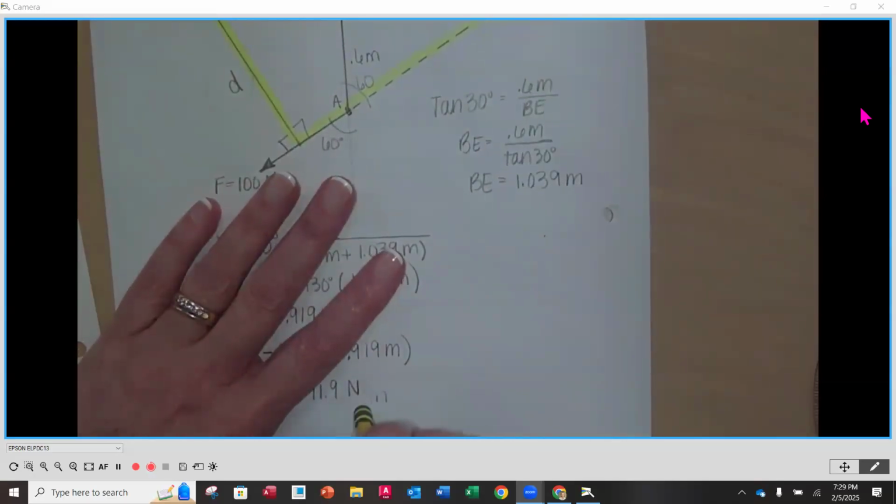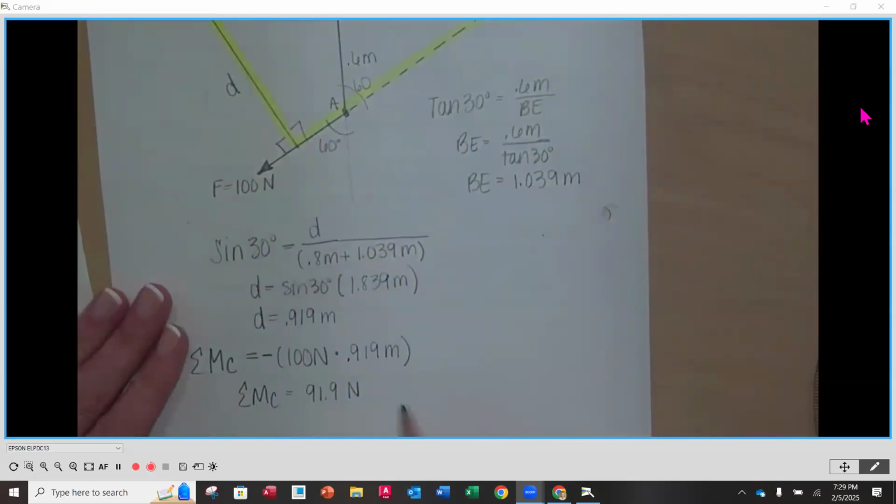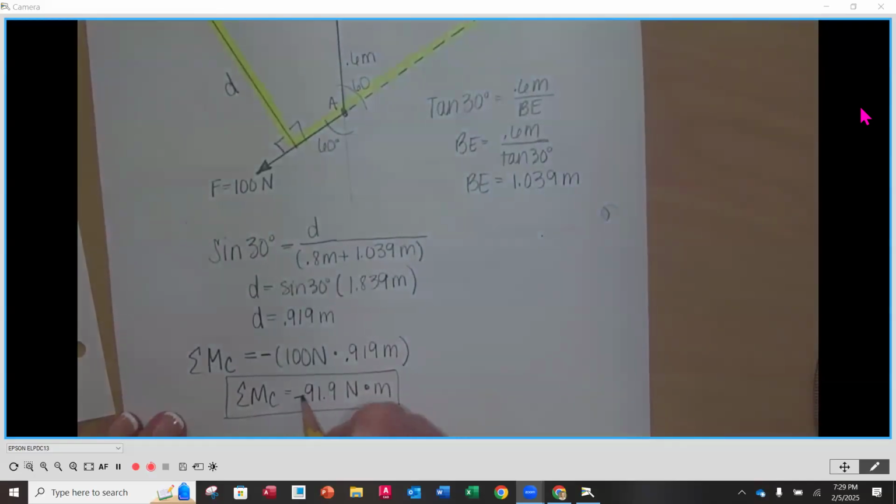I didn't divide. Sounds like it would be right, but it's wrong. Don't do it. Resist the urge. There you go. Oh, put a negative out front of there too, because the negative tells us its direction. So don't forget, negative 91.9. Okay. Any questions on this?